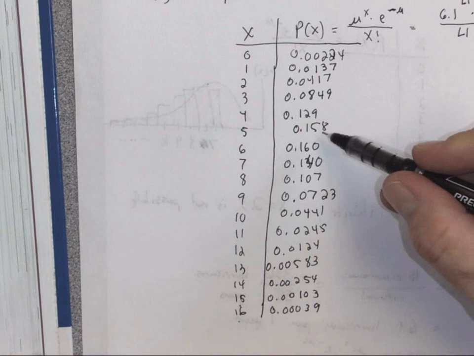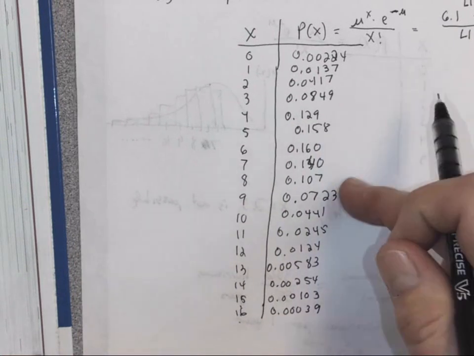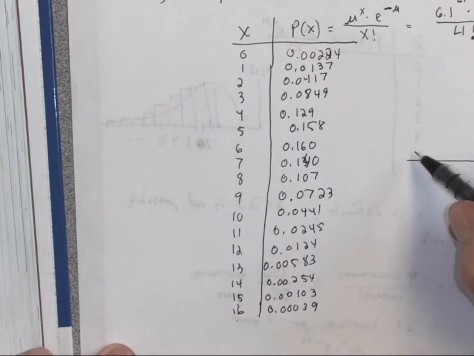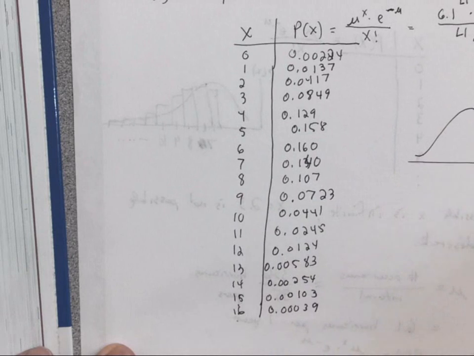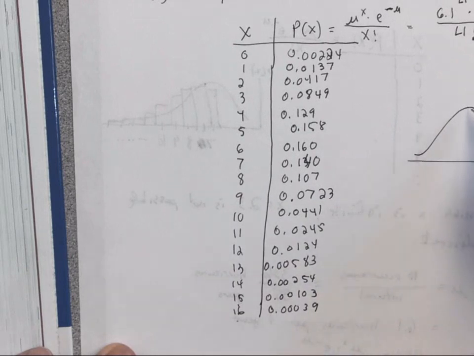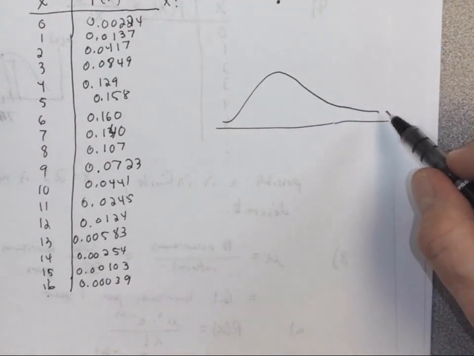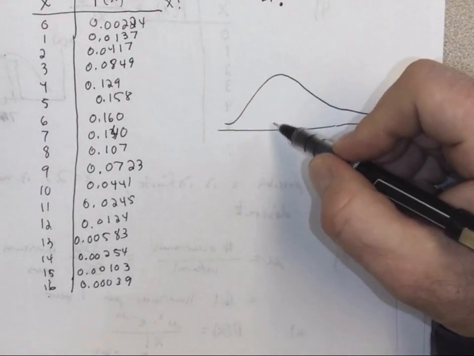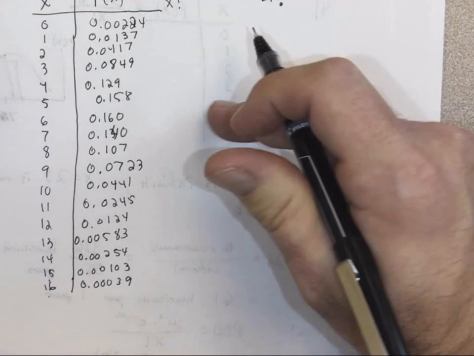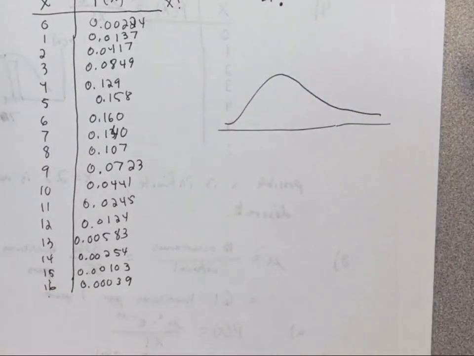Now, I know that that one's higher than this one, but since this thing tails off, since what we have is something that looks like this, that skewed right is going to pull the mean. So when you look at the picture, you kind of expect the mean to be the highest number, but it's technically not. Remember, you're adding up all the numbers and essentially dividing by how many there are.